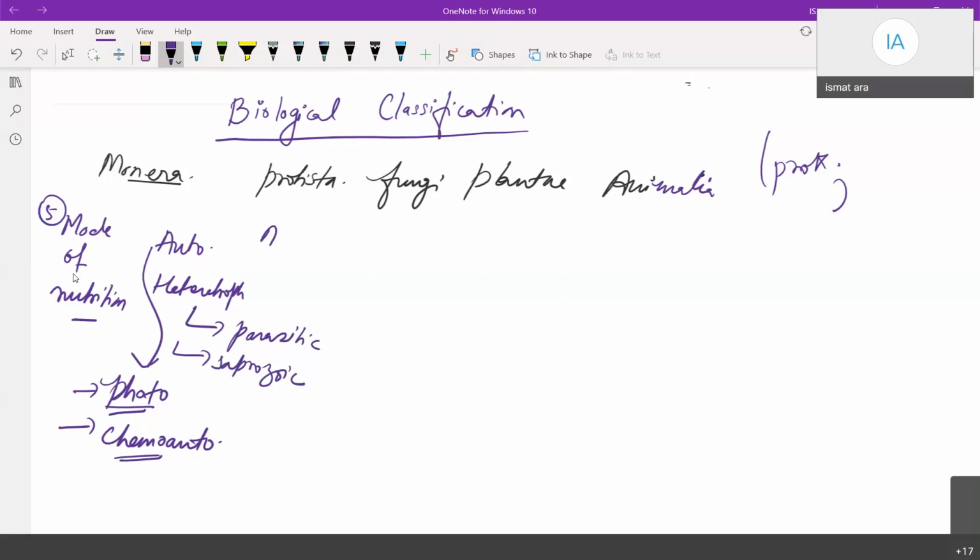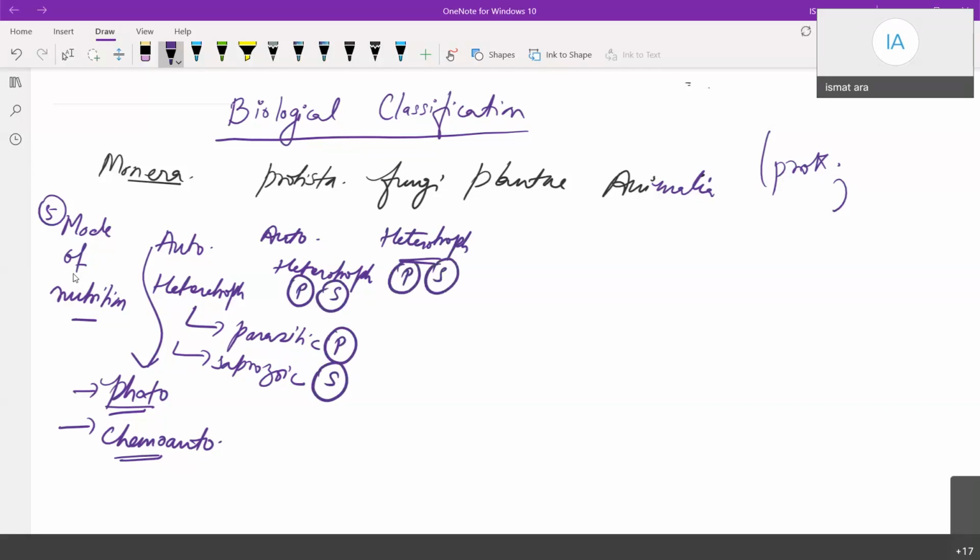In protists, they are also autotrophs as well as heterotrophs. Now in heterotrophs again, parasitic and saprozoic, same. In fungi again, heterotrophs, again same parasitic, saprozoic. Suppose I denote them by P and S. What about Plantae? They are only photoautotrophs.